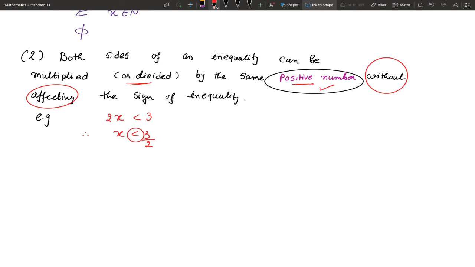So if 2x less than 3, divided by 2, then x less than 3 by 2. So there is no change in the inequality since we have multiplied by positive.